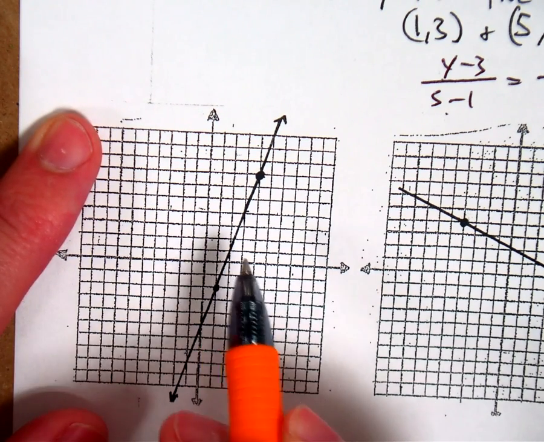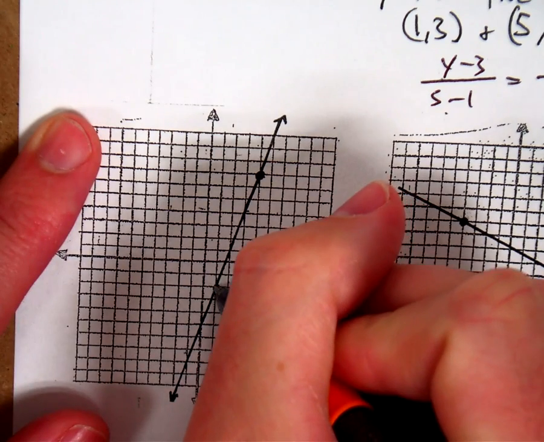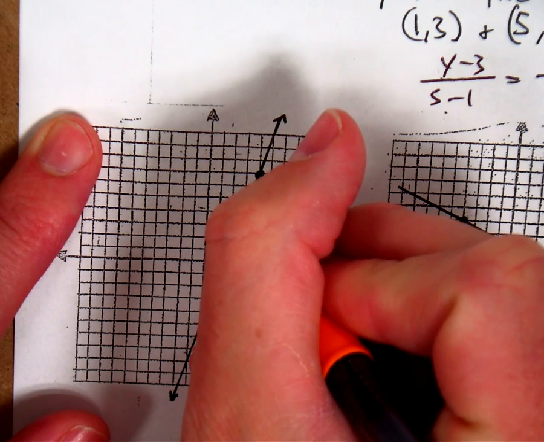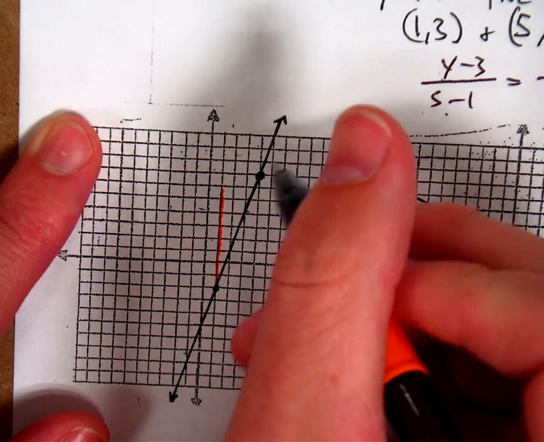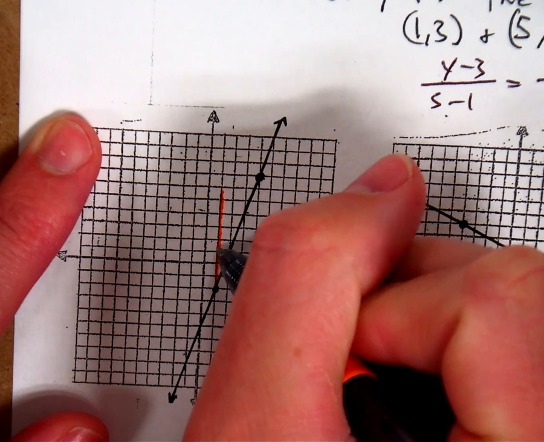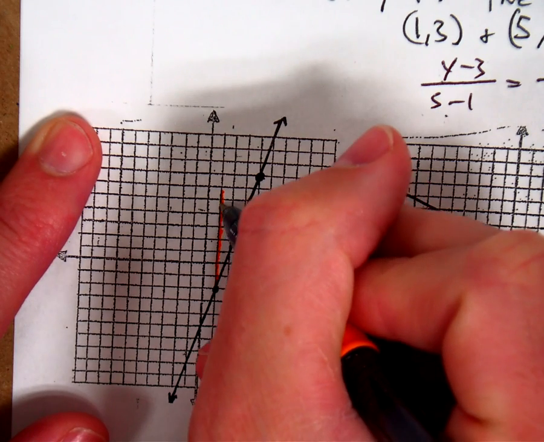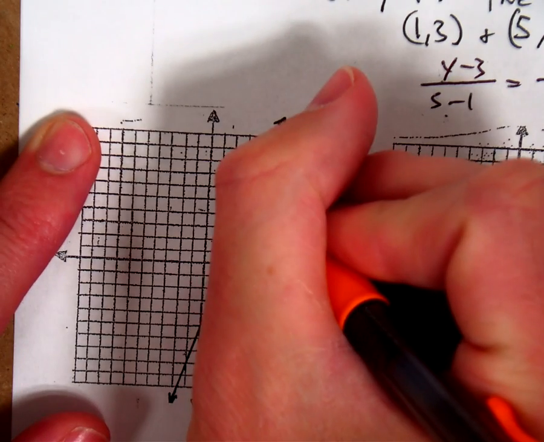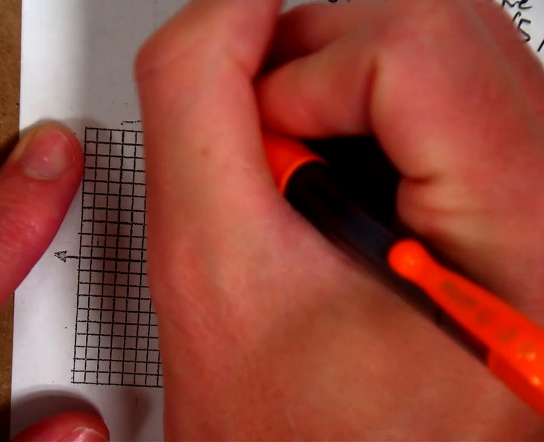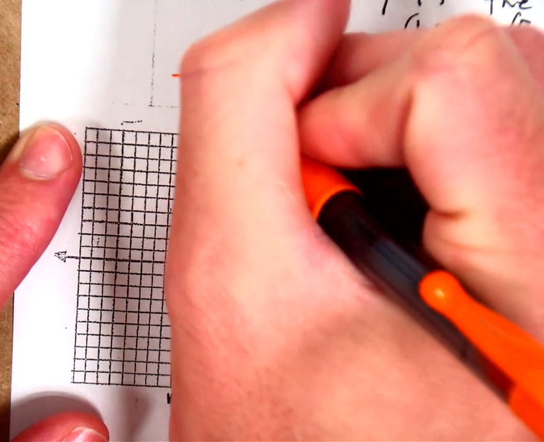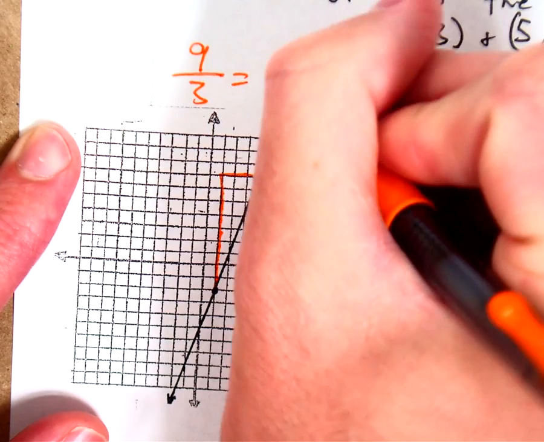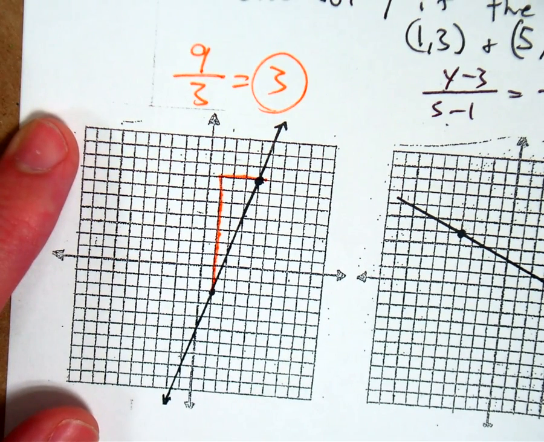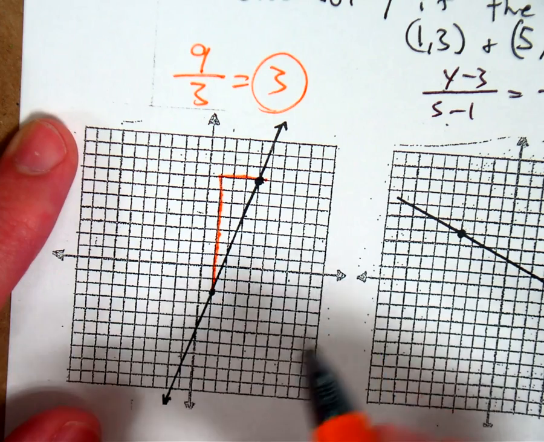So this one's going up, so it's going to be a positive, and we're going up 1, 2, 3, 4, 5, 6, 7, 8, 9, up 9, and over 1, 2, 3. So our rise was 9, our run was 3, and our slope would be equal to 3 over 1.